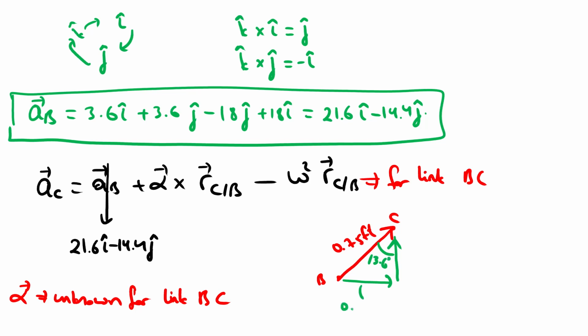Therefore, this will be 0.75 sine 13.6 and this will be 0.75 cosine 13.6.